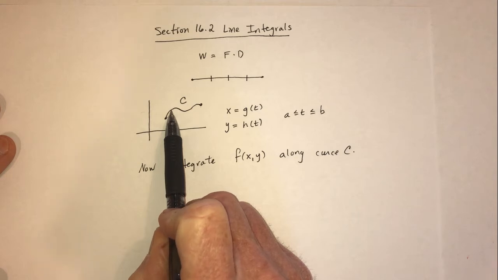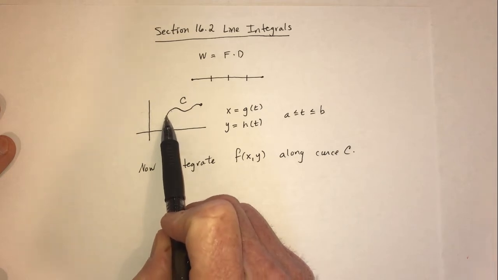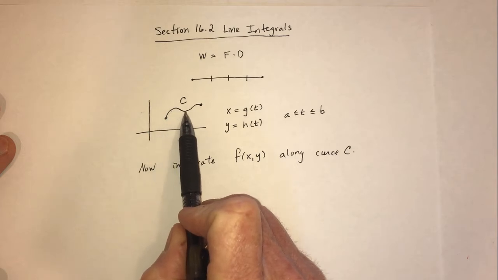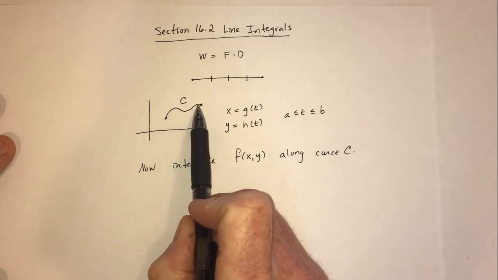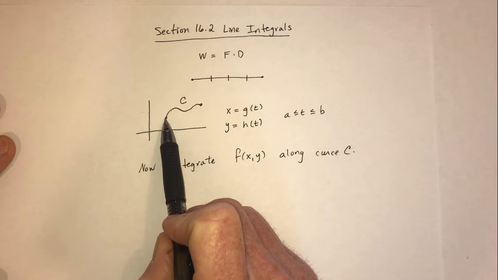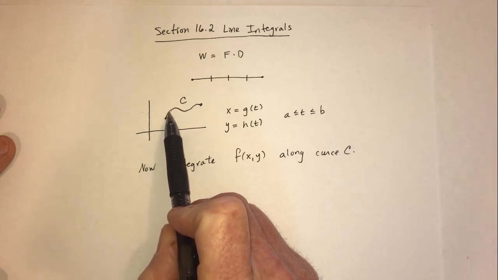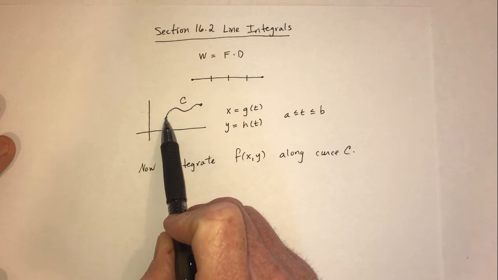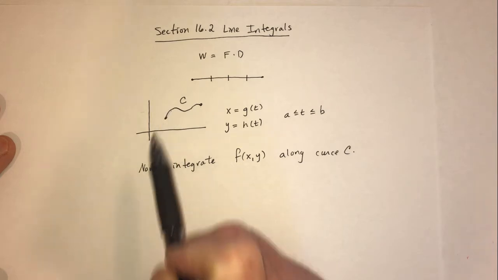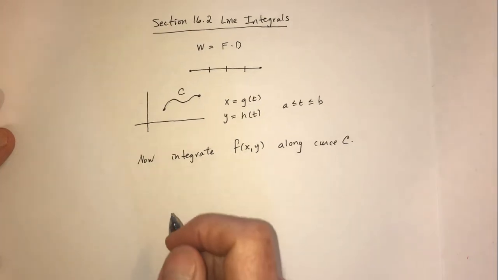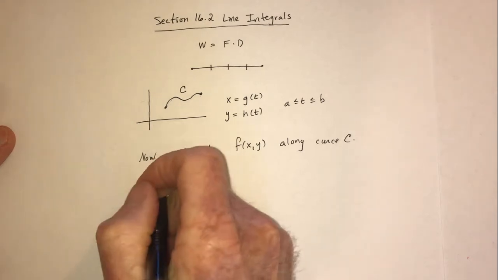So it could be that you want to add up everything along the curve, or perhaps just the motion to the right is what's important to you. In other words, in the x direction, or that amount of work that's being done when you go up, that would be in the y direction. So there's actually 3 types of line integrals.